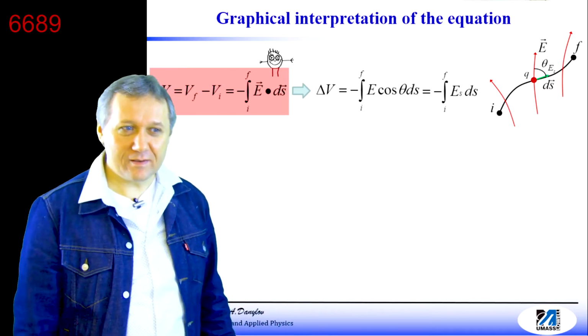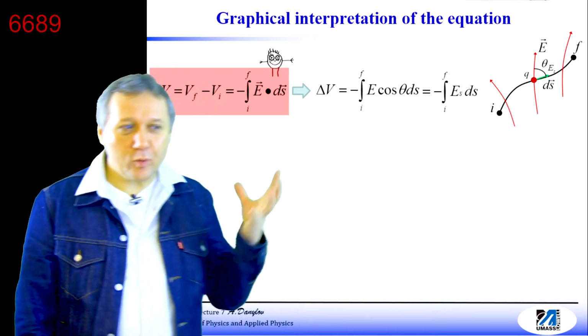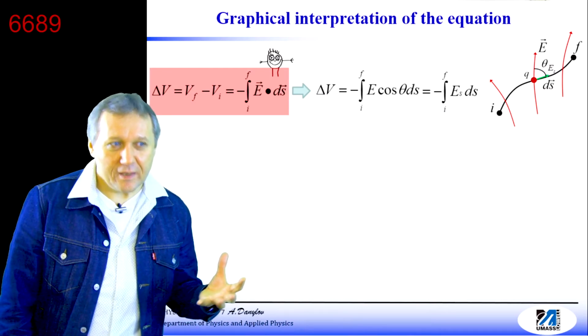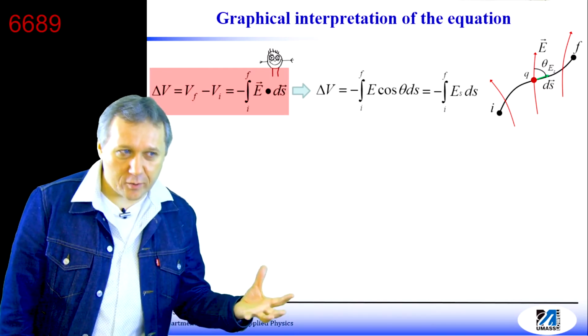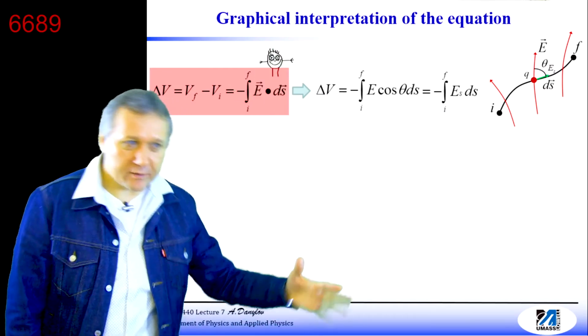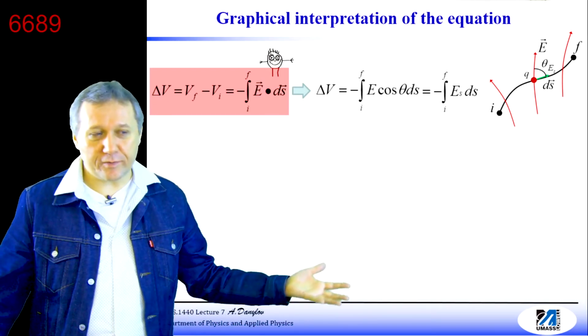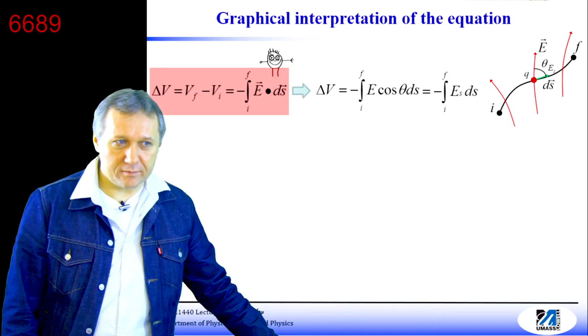times ds. And now recall the graphical interpretation of any integral. It's the area under a curve if you plot the integrand versus the variable of integration, and the area under the curve is the value of the integral.